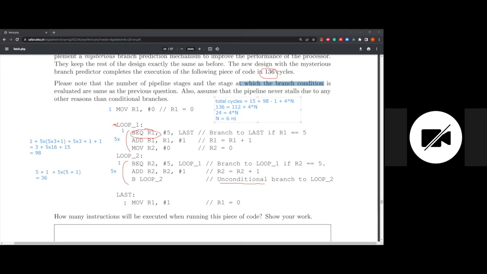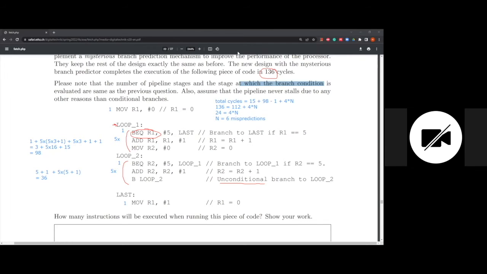So it's 6 mispredictions. Whatever this mysterious branch predictor is, it should result in exactly 6 mispredictions in order to achieve 136 cycles of execution time for this given program. Okay, 6 mispredictions. This is what we need to keep in mind for the rest of the question.